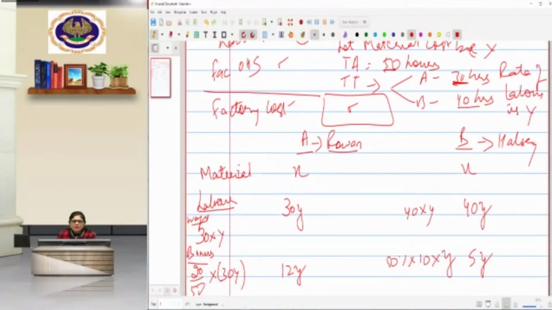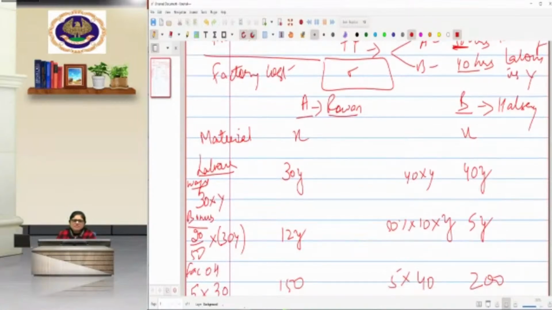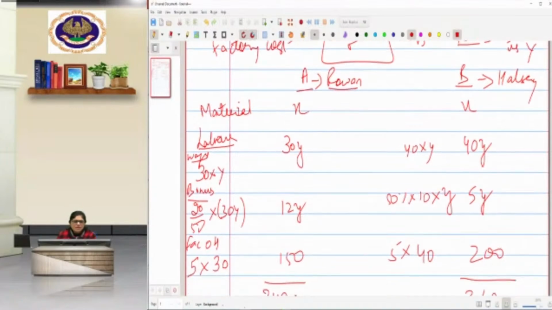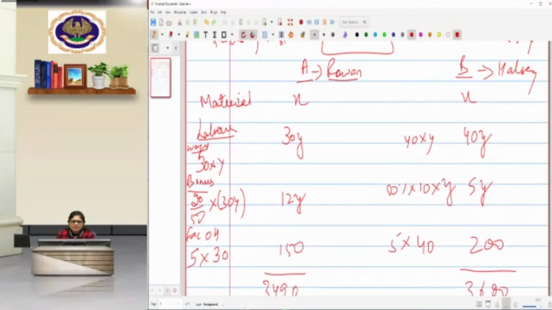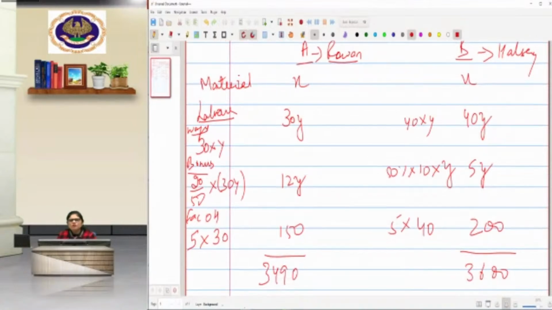The basic wage 30Y and 40Y, simple time taken into rate per hour. Rate per hour is not given, we have assumed as Y. The bonus as per Rowan plan, A is following the Rowan and B is following the Halsey. So accordingly, we have calculated the bonus 12Y for A and 5Y for B. Factory overheads, the rate per hour of overhead was given and time taken we know. So 5 into 30 and 5 into 40, that will be the factory overhead.